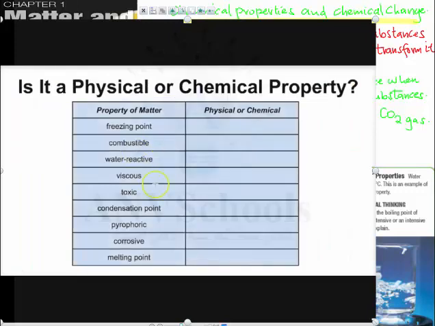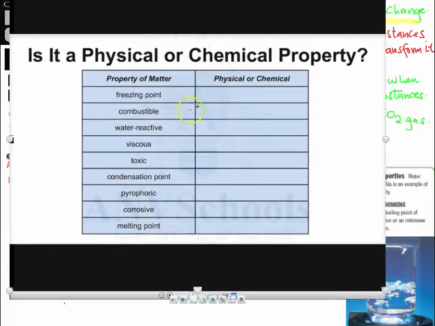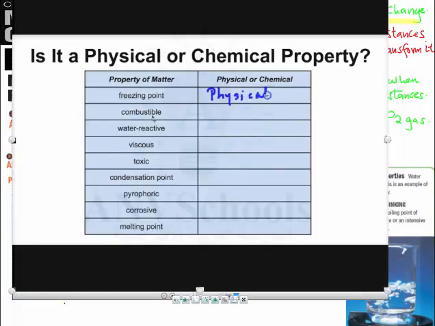So if we just look at an example here, freezing point: is it a chemical or physical property? Freezing point will be a physical property. Combustion will be a chemical property.